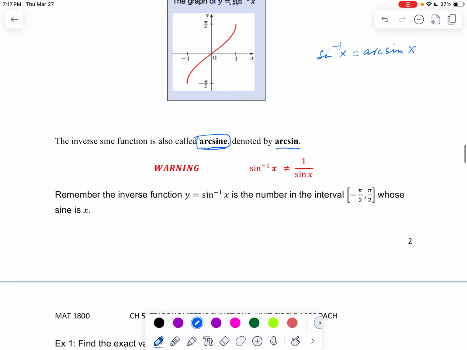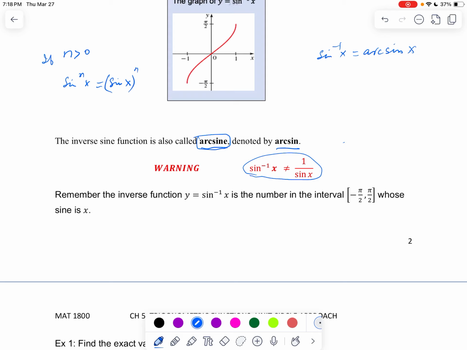Now, a very, very important thing here, you have to understand that this is not true. In other words, I told you that when n is greater than 0, then sine to the n of x is the same thing as sine of x whole raised to the n.